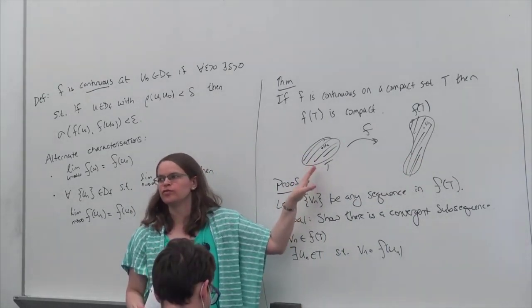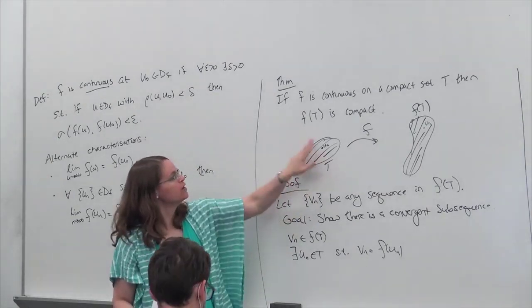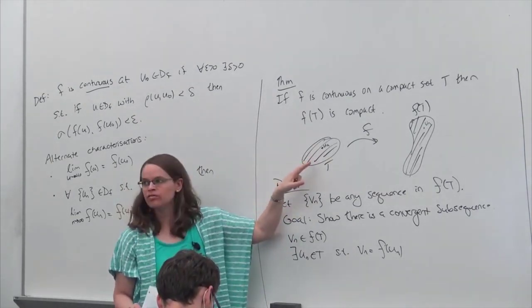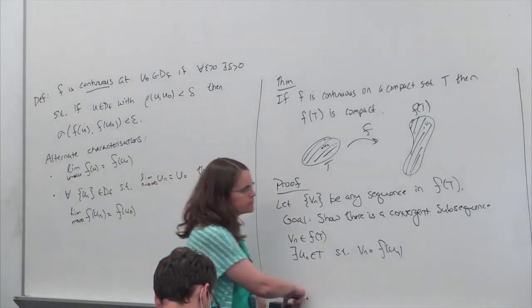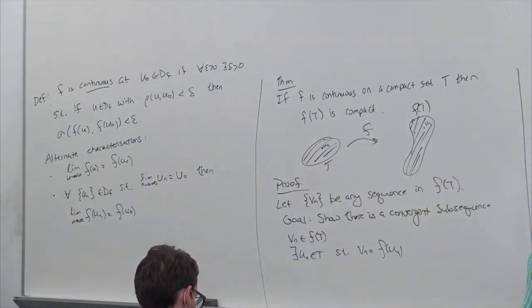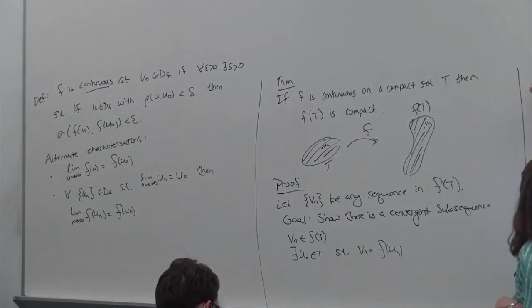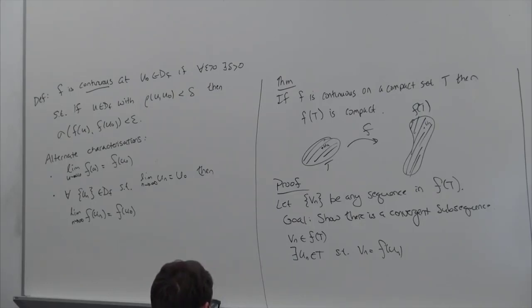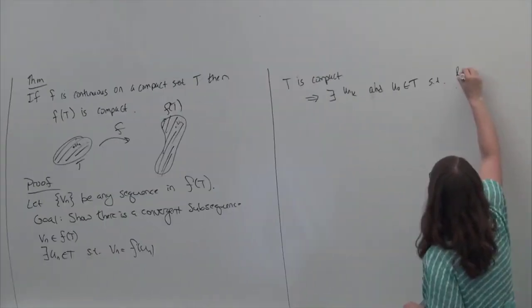Now, what do I know about the sequence over here? It has a subsequence that converges, right? So over here, this set I already know to be compact. So that means this guy certainly has a convergent subsequence. So T is compact. That implies there exists a subsequence U_{n_k}, and there exists some U_0 in T, such that this subsequence converges.